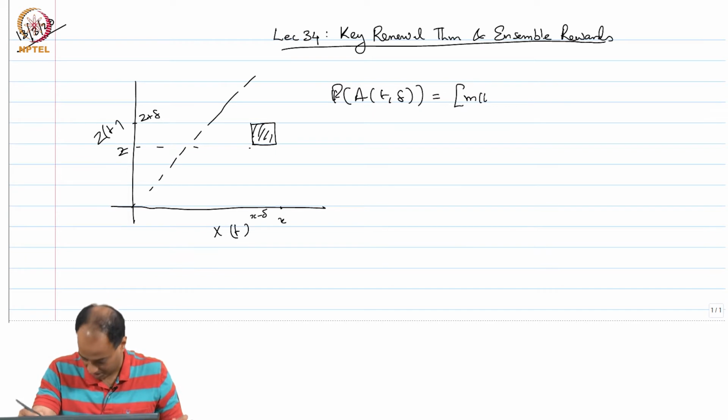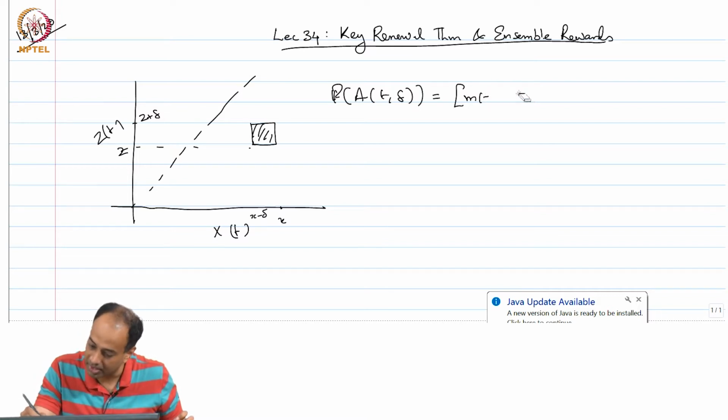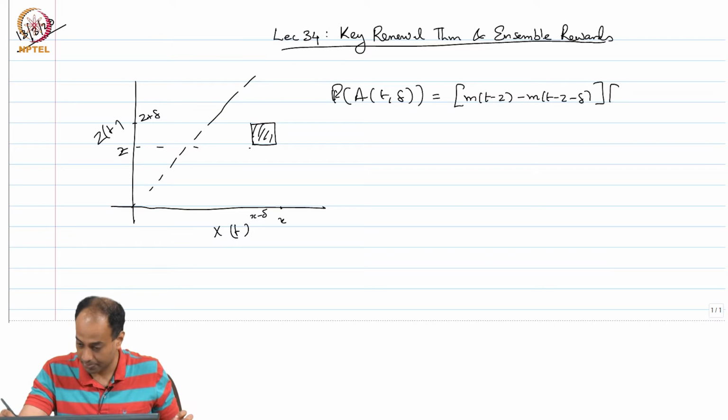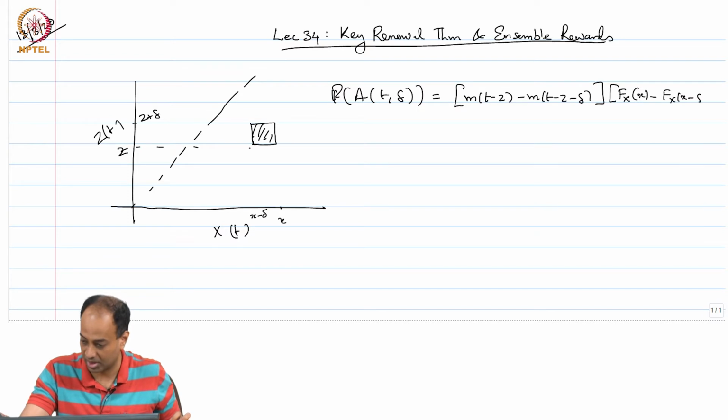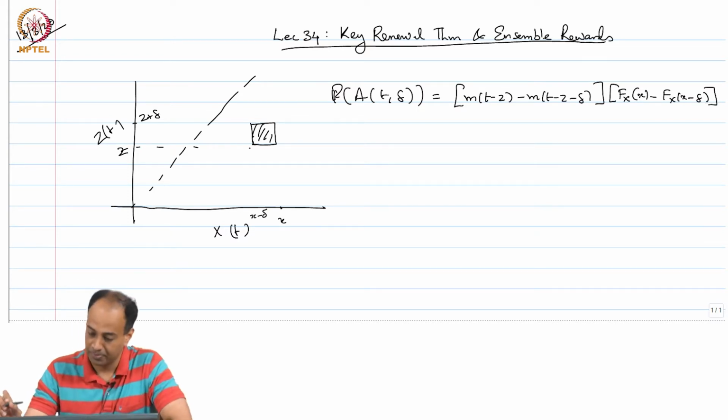Recall from yesterday: m(t) minus m(t minus z), I am just copying from yesterday, minus m(t minus z minus delta), times F_X(x) minus F_X(x minus delta), right. This is what I got.